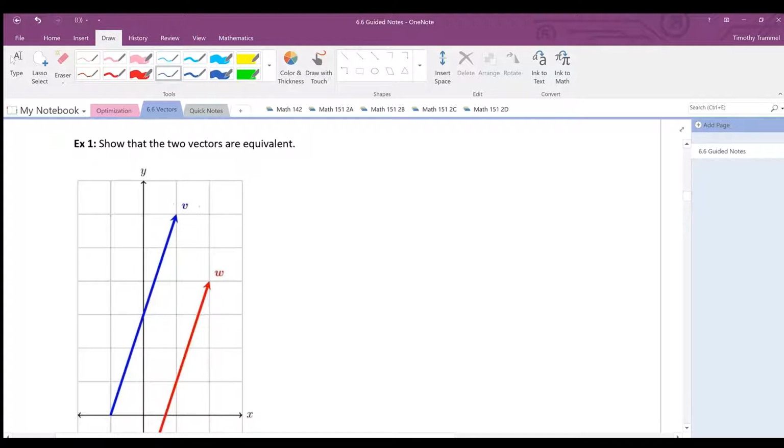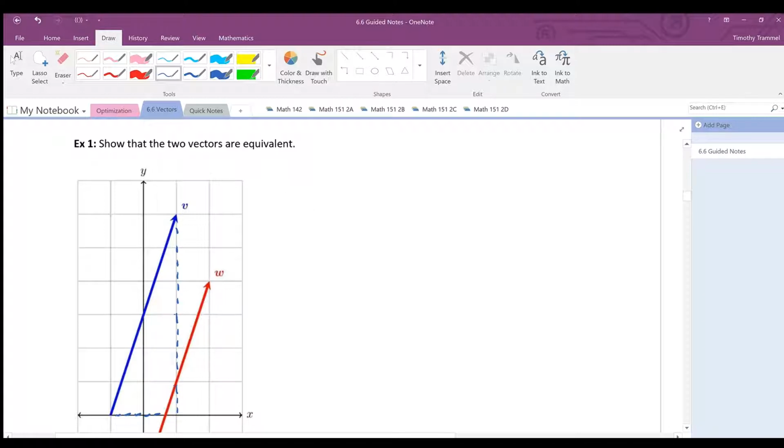So v here, if we wanted to find its length, we just need to figure out, let me try and sketch in some dotted lines here. You can see that the length of the base is 2 units long, and the height is 1, 2, 3, 4, 5, 6 units high.